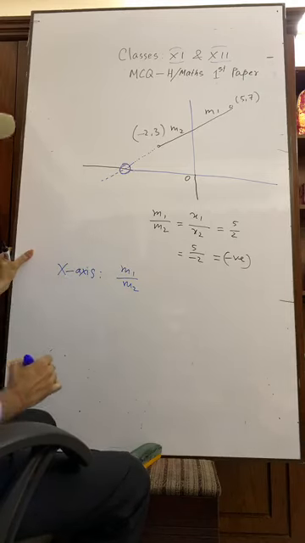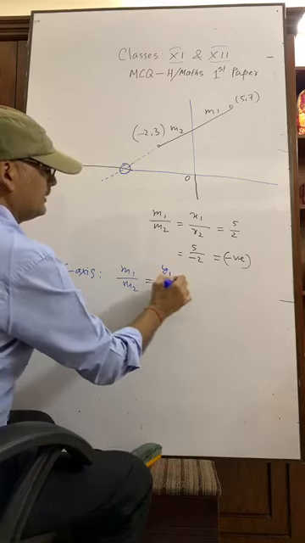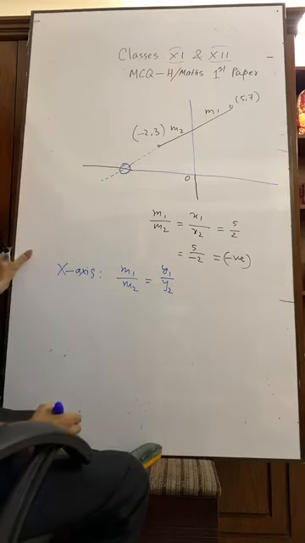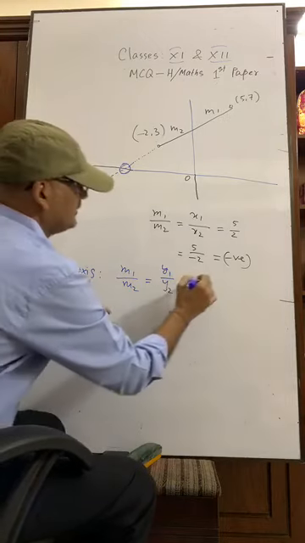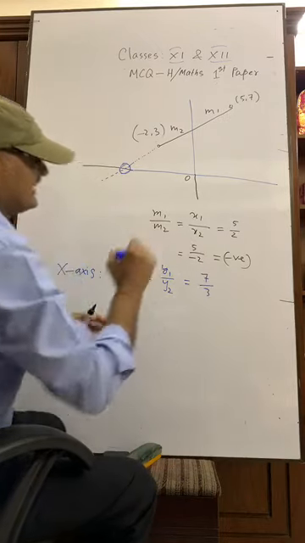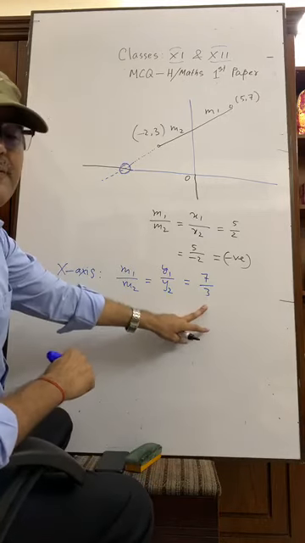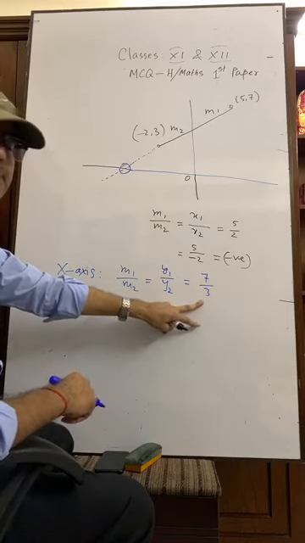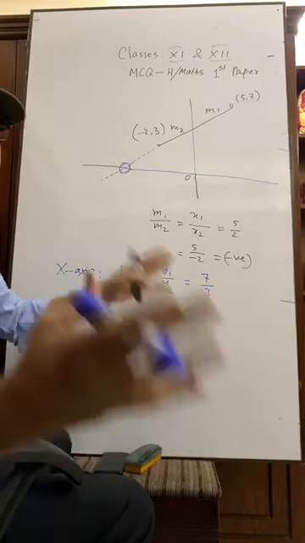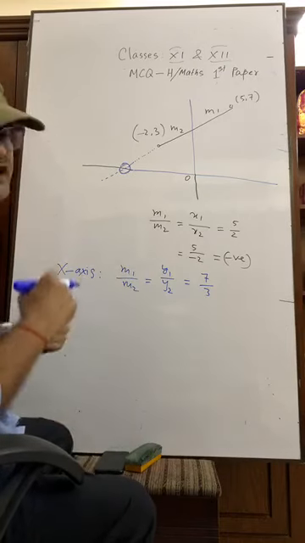M1 by M2 for the x-axis, what is the formula? Y1 by Y2. So what is Y1? Y1 is 7 by 3, that is 7:3. And you see that it is a positive sign. 7 by 3 is positive. As it is positive, it is external intersection. Okay? It is external intersection.